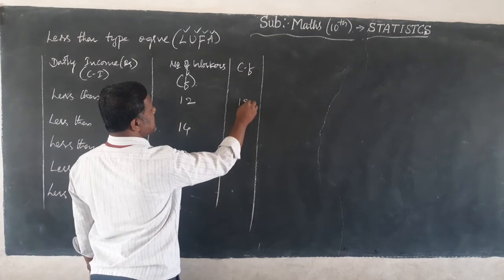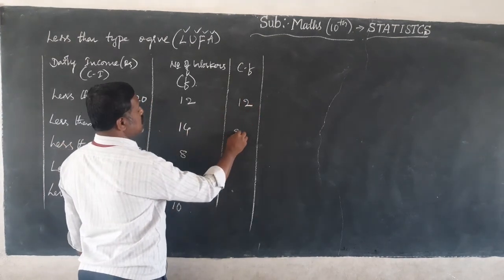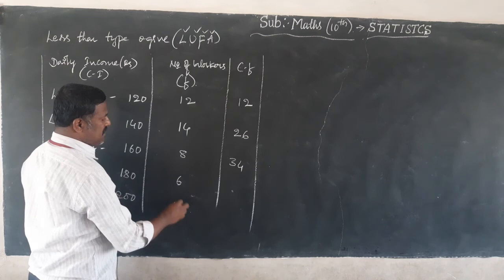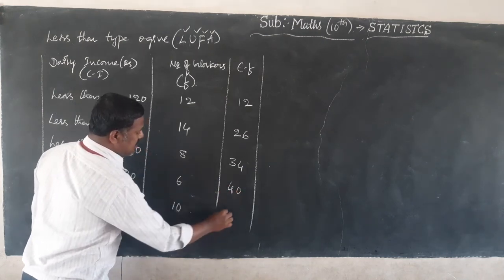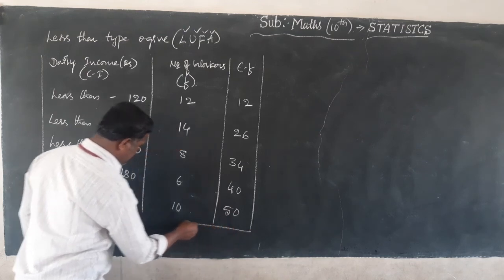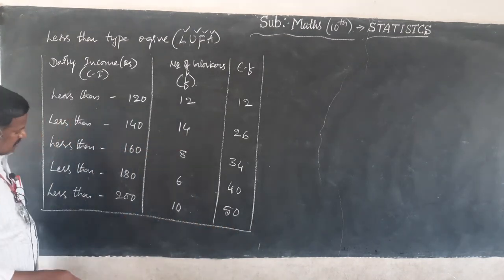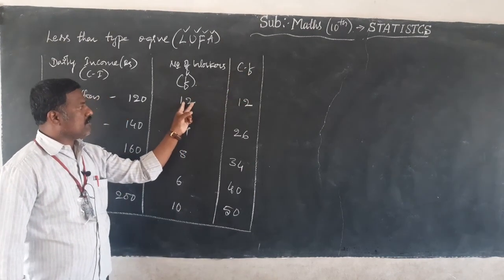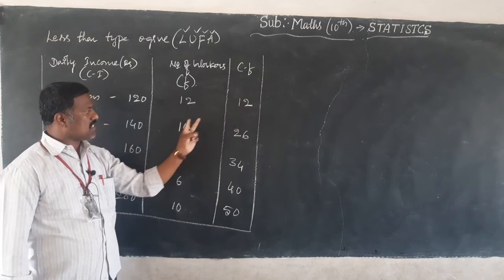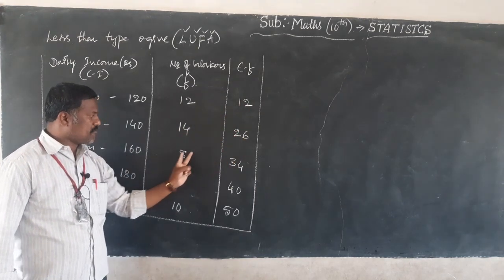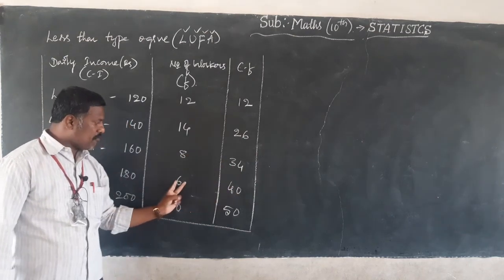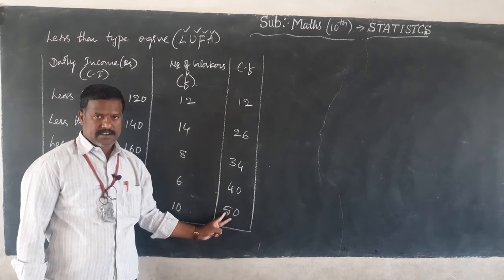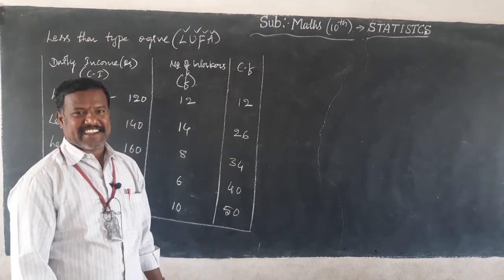Let us write 12 as it is. 12 plus 14 is 26. 26 plus 8 is 34. 34 plus 6 is 40. 40 plus 10 is 50. Understand, children? Now we should go for taking the graph sheet.